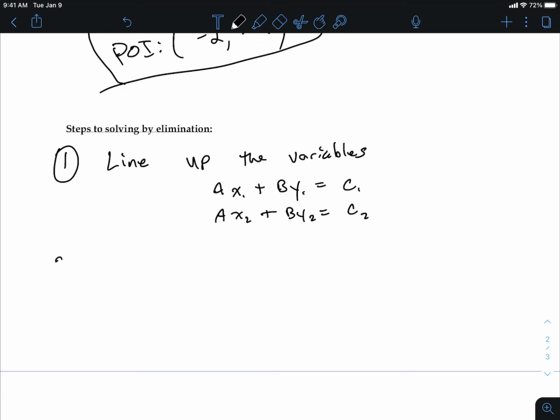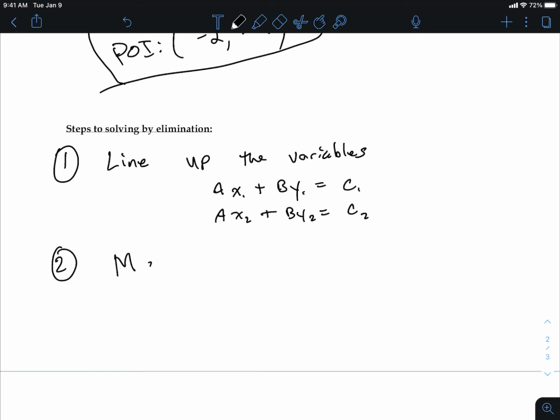Second step, let's say make a pair of matching, equal coefficients. Have a pair of equal coefficients. Good, this is why I was asking for help.